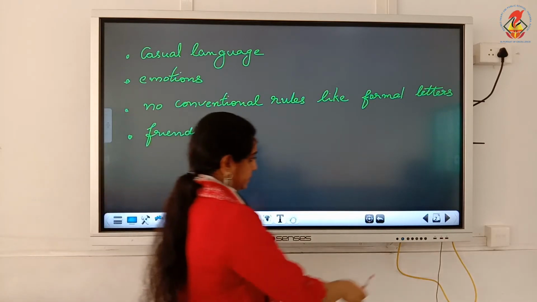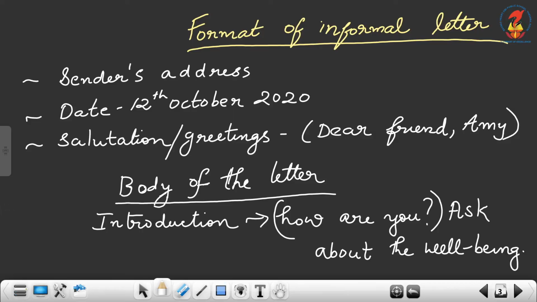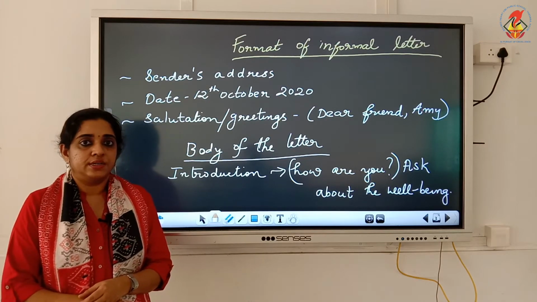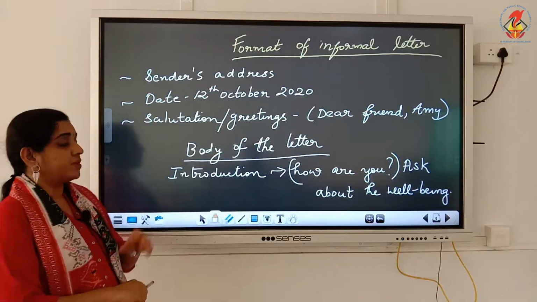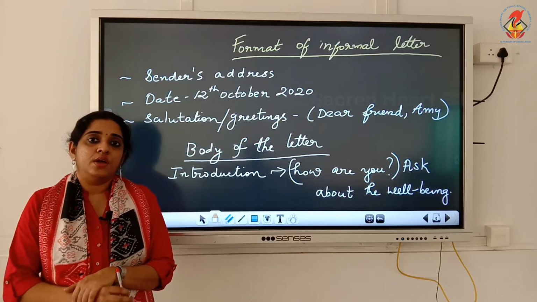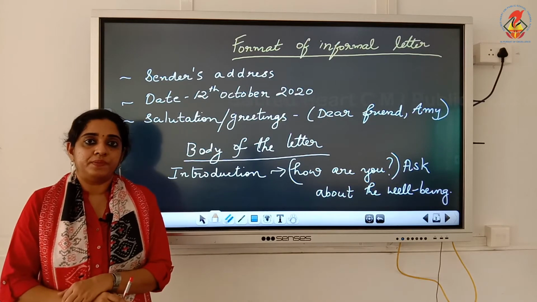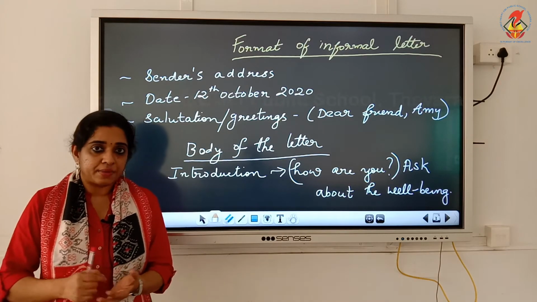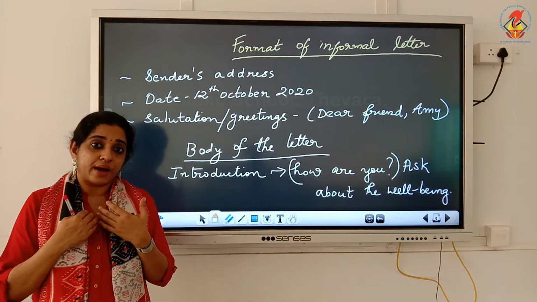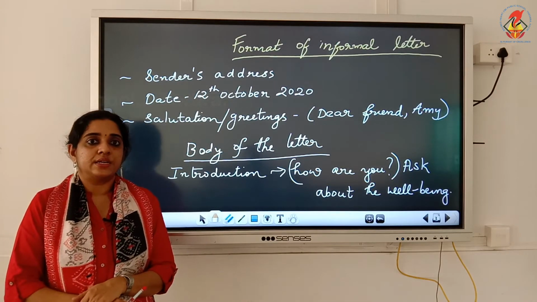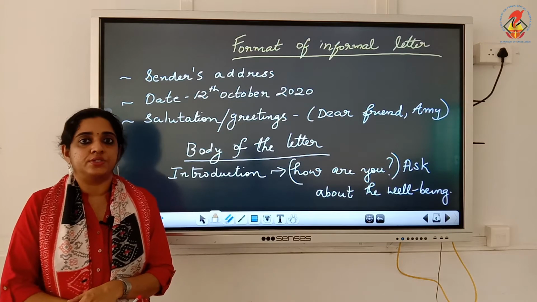Now the next one, format of an informal letter. How you have to arrange things in an informal letter. It's very easy. First you have to write the sender's address. If I am writing a letter to my student, I am the sender, so I should write my address first, on the left corner of the page.